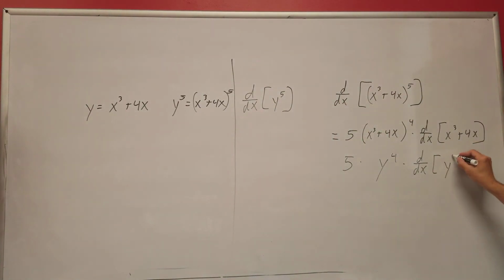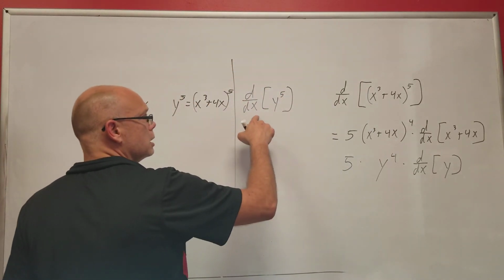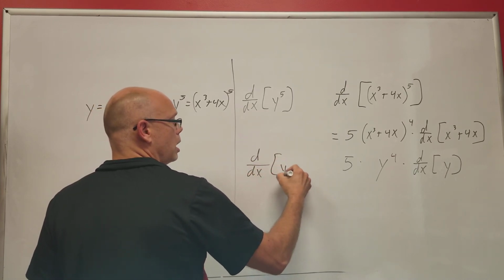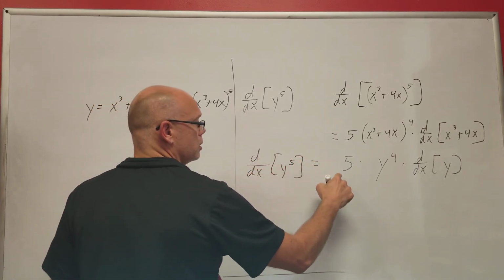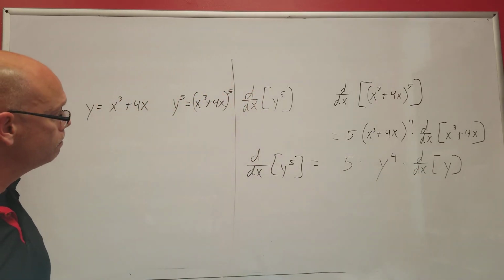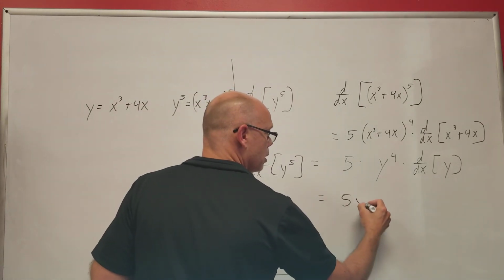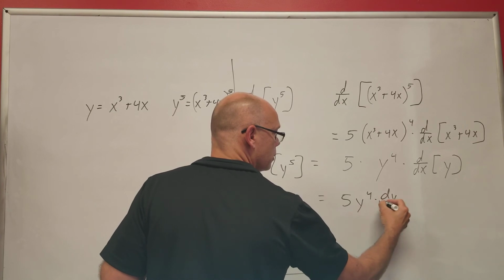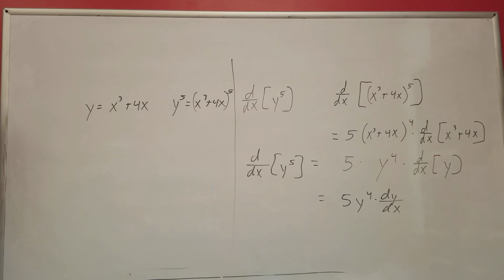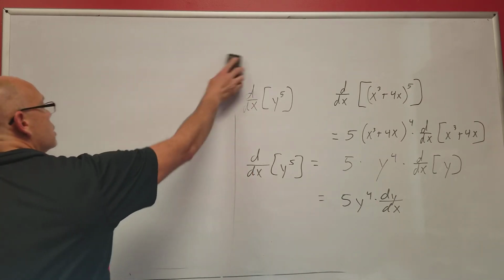So we're saying that d over dx of y to the fifth is equal to 5y to the fourth times d over dx of y, or 5y to the fourth times dy over dx. That's where y is some function of x. Not a big deal if you didn't get what we were doing there, because we're going to do some more here.